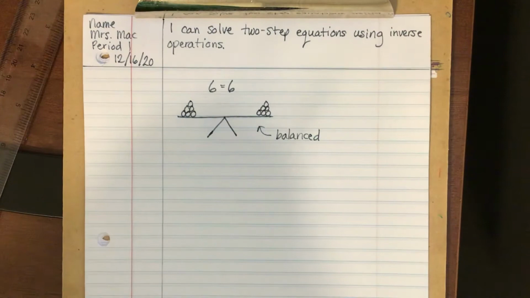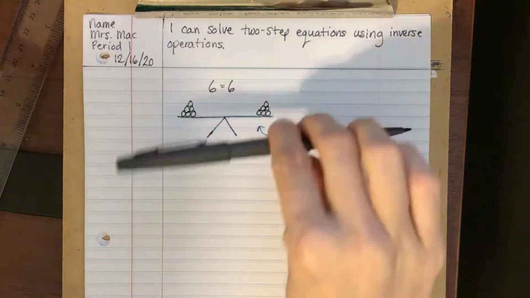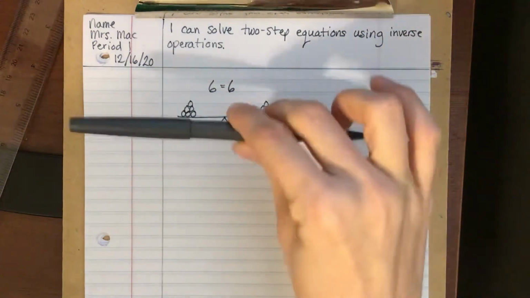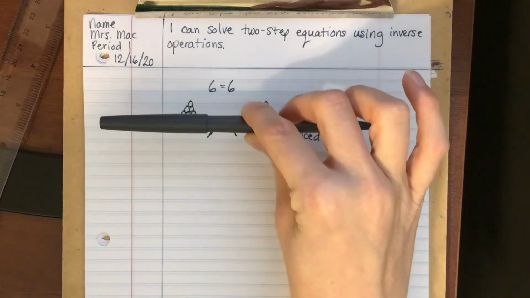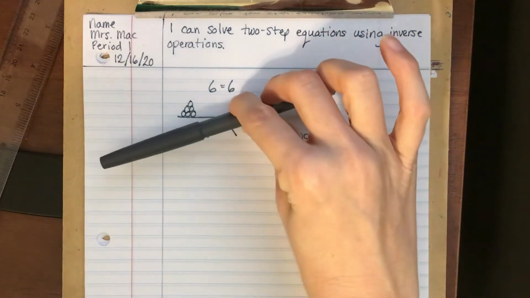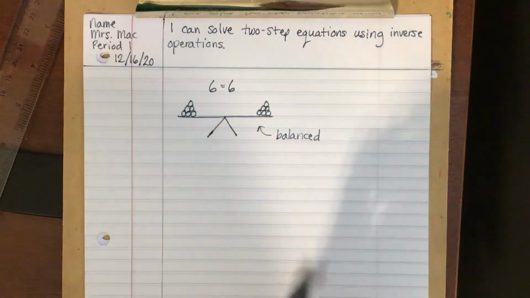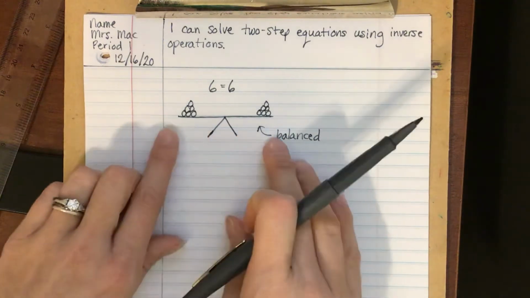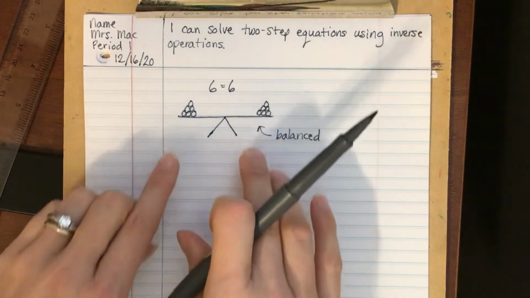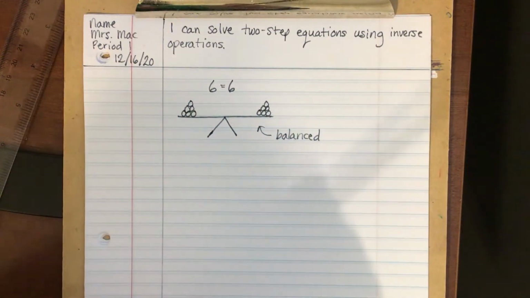Now, what would happen if I took a marble away from one side? If I took a marble away from this side right here, then all of a sudden your balance is going to tilt up like that. Okay? So if we want to keep this balanced, we would have to take one away from each side, right?